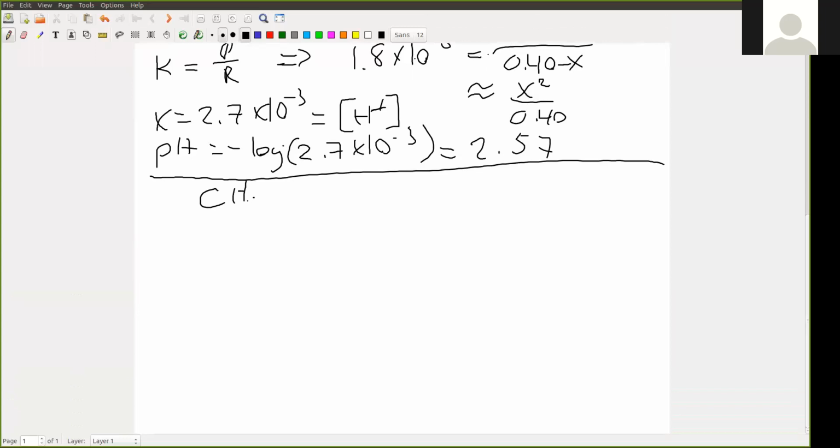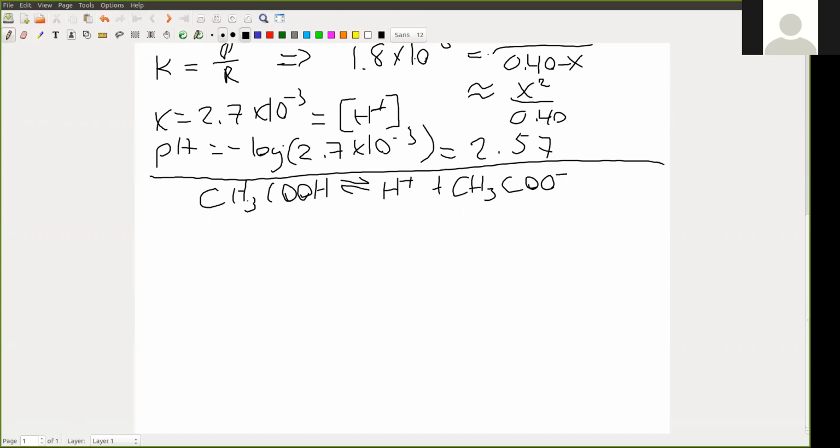So again, we use CH3COOH in equilibrium with H plus and CH3COO minus.